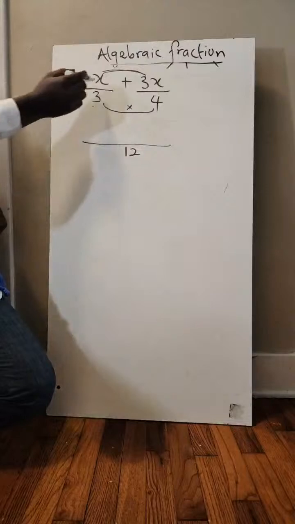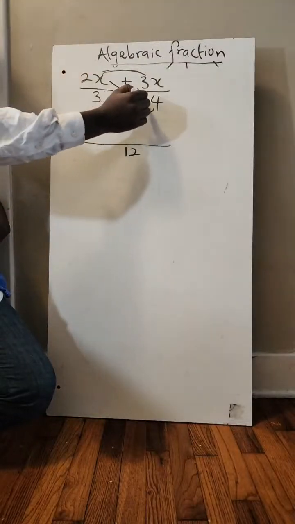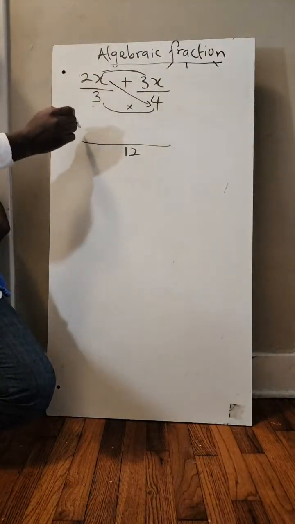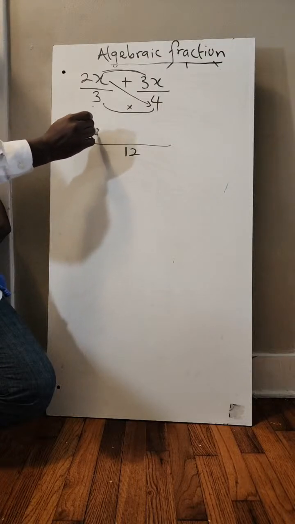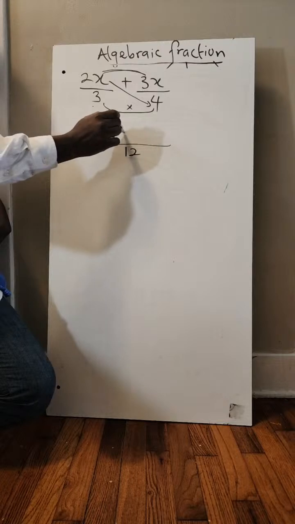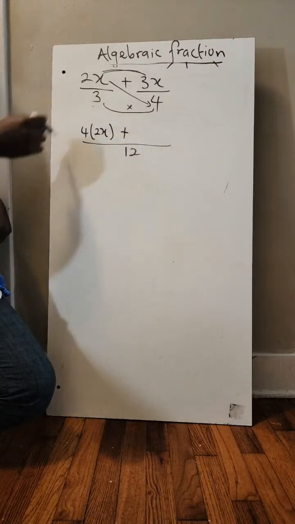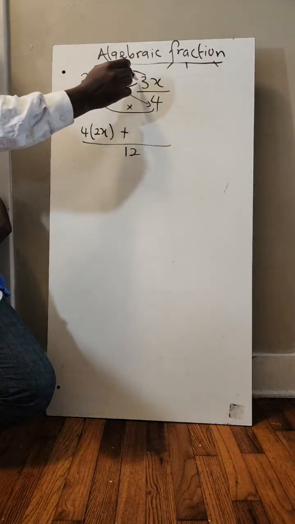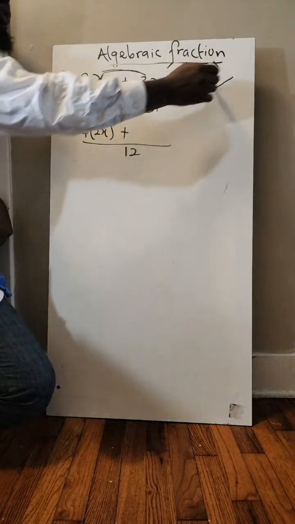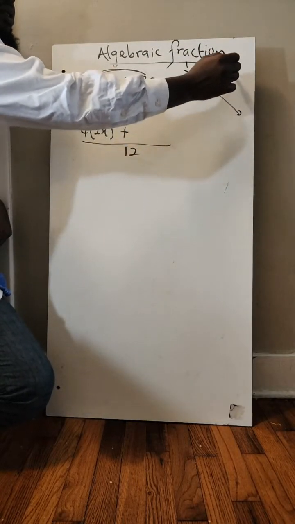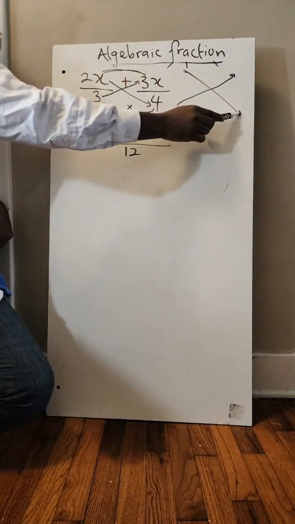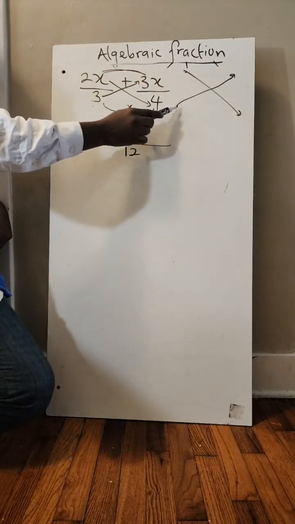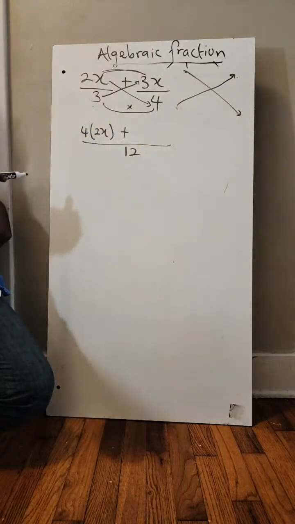And how do you do that? Look at this. Let this multiply this, which is 4 multiplied by 2x. You can put it in parentheses. And also let 3 go with this. So what you are just going to do is to cross. The numerator here is multiplying the denominator on the other side, and the denominator on this side is multiplying the numerator on this side.